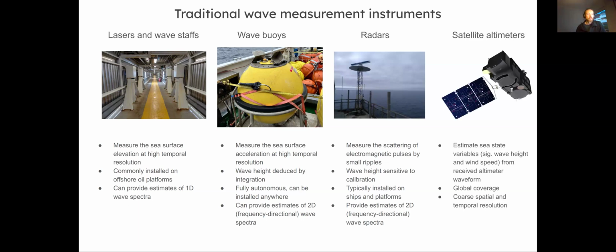And finally, satellite altimeters are also used to get estimates of wind speed and significant wave heights. These observations cover pretty much the whole globe, but they're usually pretty coarse resolution, and it usually takes a few days to get a new measurement for the same location again.